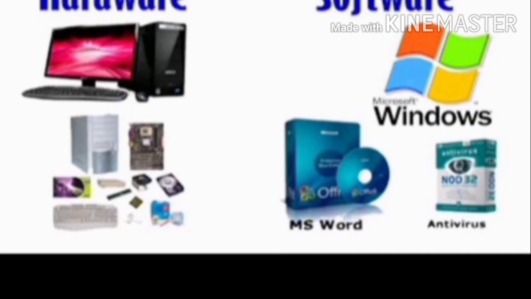Next, we are going to learn software and hardware. The commands or programs that are used in a computer are called software. The software is divided into two types. One is operating software.